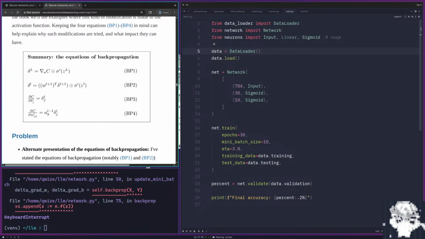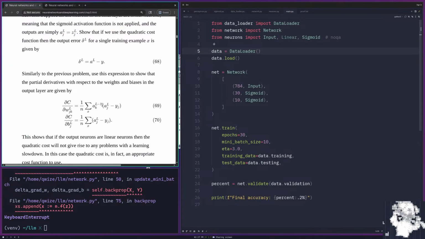My guess is the output activation is ending up being big, like not between 0 and 1, which is causing some problems.